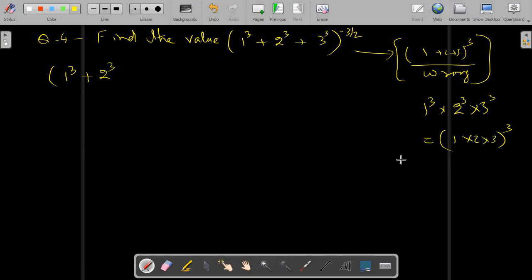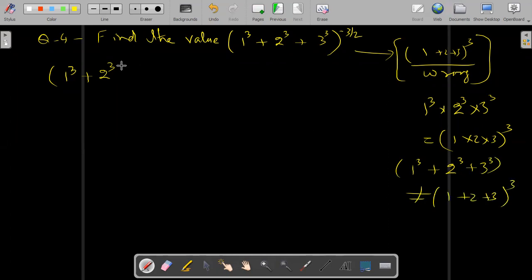But if it is in plus, 1 cube plus 2 cube plus 3 cube, we cannot take common as 3 power. This is not possible. So that's why this question was asked.